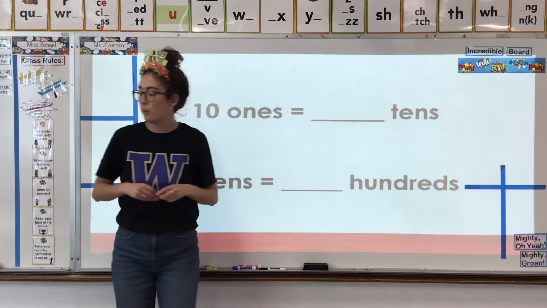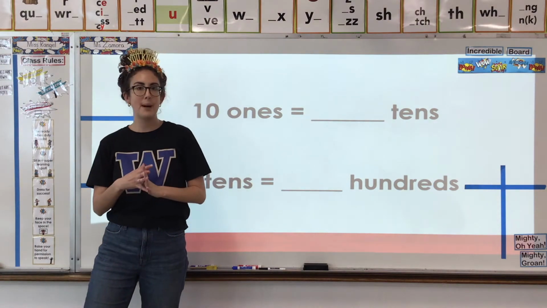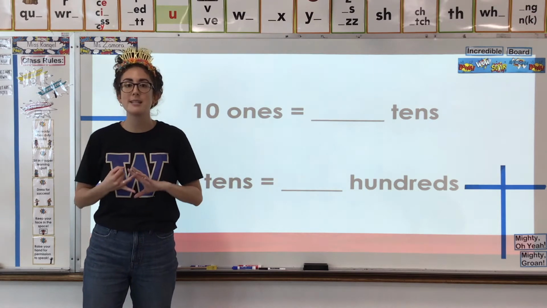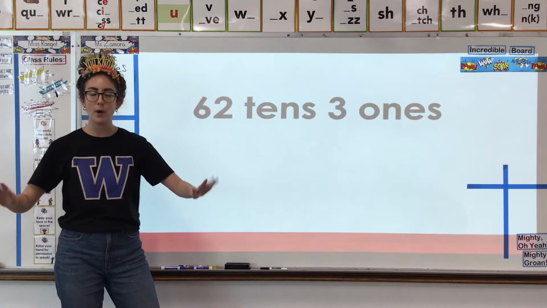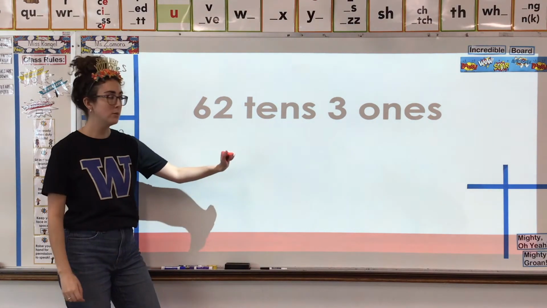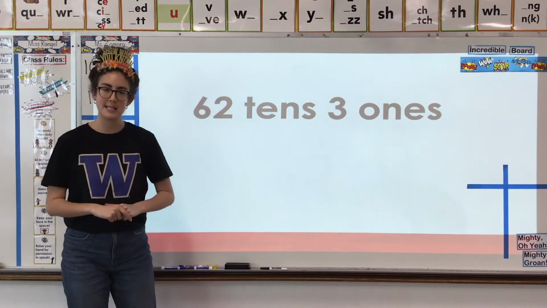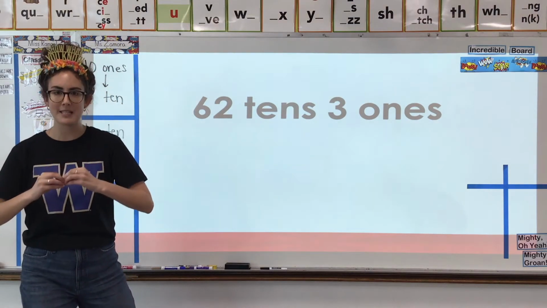So awesome, people. Before we go ahead and compare, we need to practice our bundling and translating these big groups of hundreds, tens, and ones. So with a nice clean whiteboard, we are going to figure out the value of 62 tens, 3 ones. So which group are we going to have to bundle, second grade?